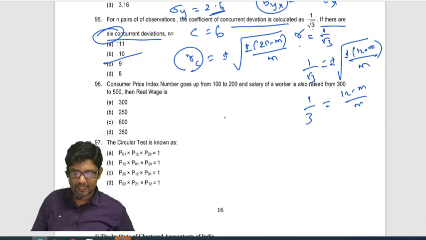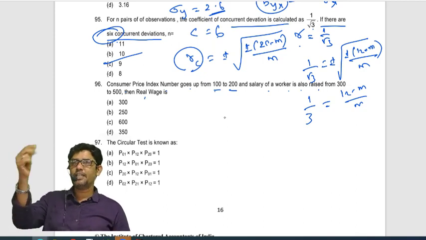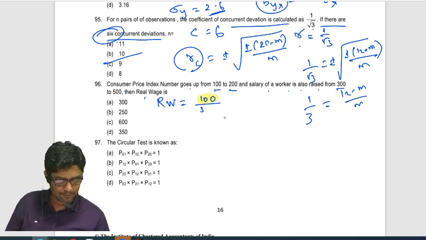Now index number. Consumer price index number goes up from 100 to 200. Salary of the worker also rises from 300 to 500. Real wage, I think you know the real wage formula. What is it? Income divided by index into 100. So the first person's real wage is 300.